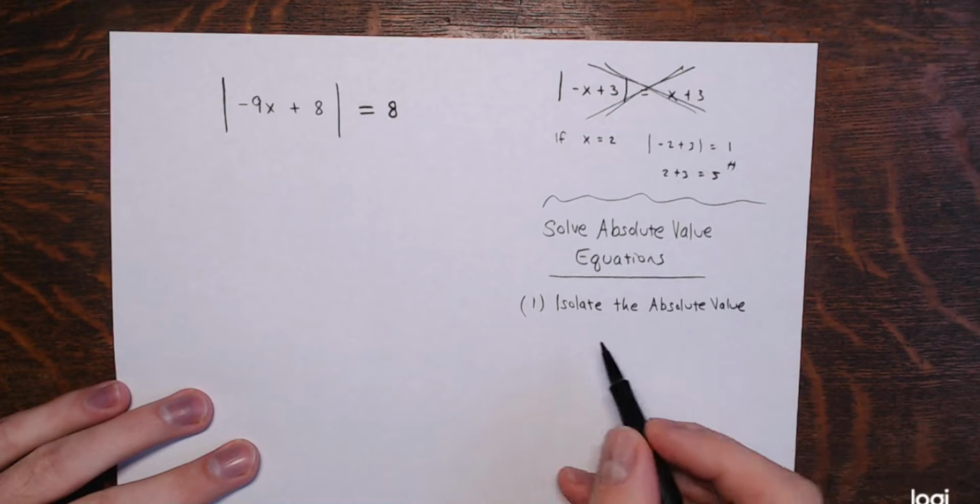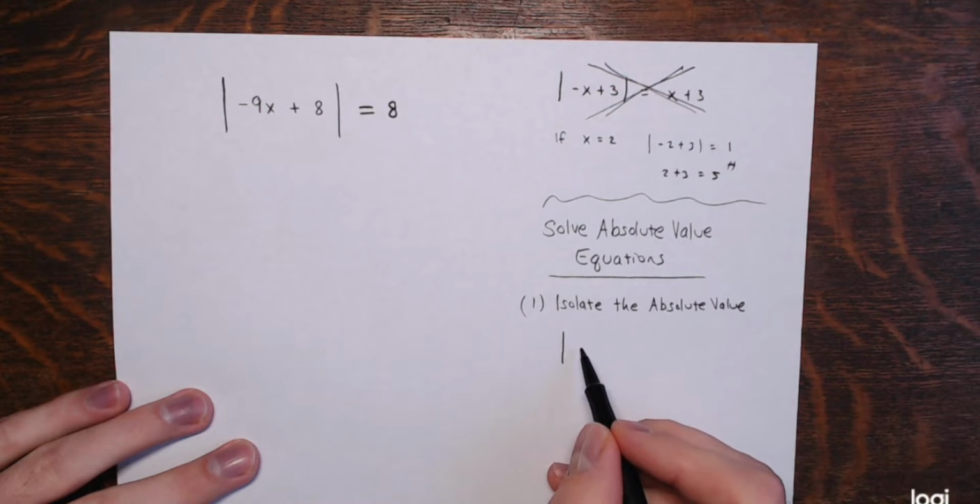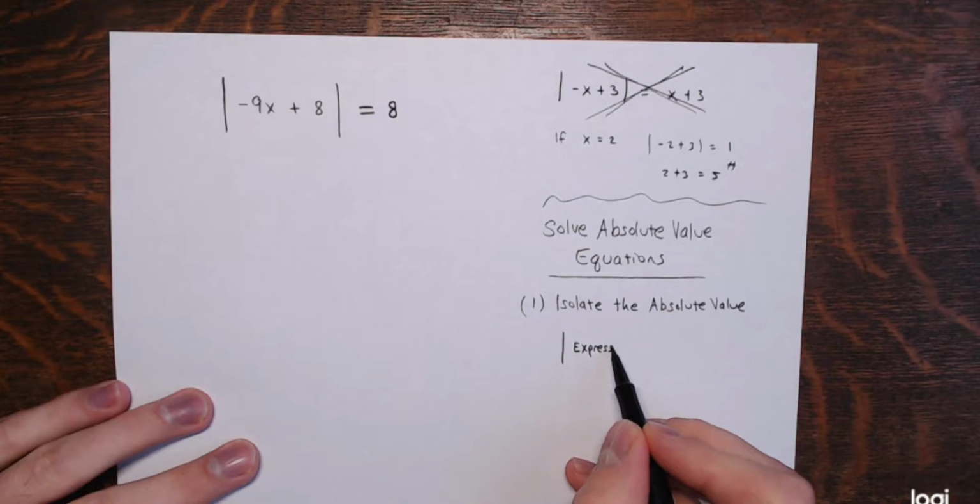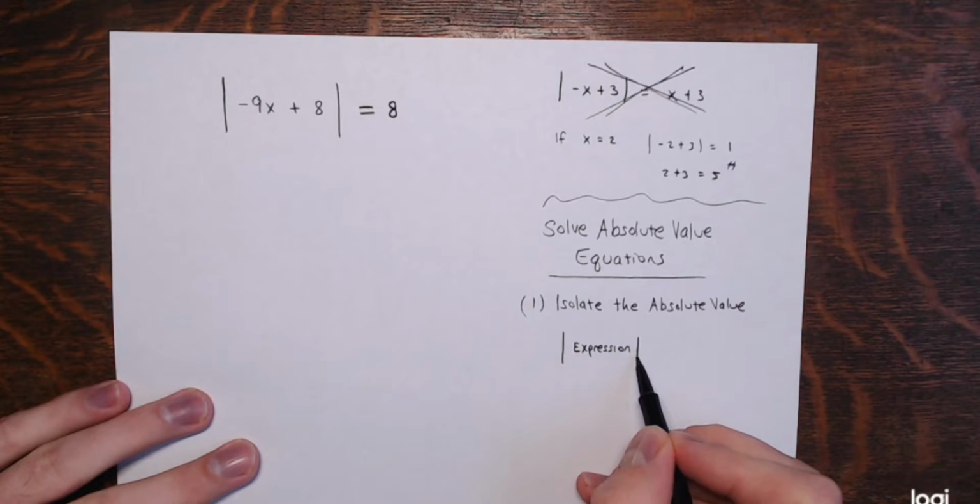So you'll have the absolute value of some expression equal to something else.